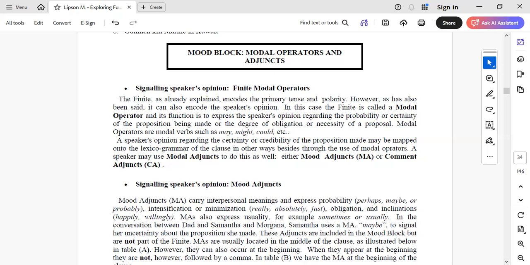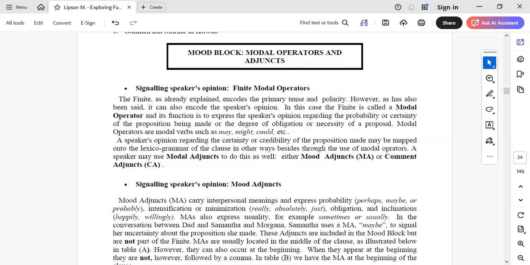Now, what is this? Signaling speaker's opinion: mood adjuncts. Mood adjuncts carry interpersonal meanings and express probability, such as perhaps, maybe, or probably; intensification or minimization, such as really, absolutely, just; and obligation and inclination, such as happily and willingly. MAs also express usuality, for example, sometimes, usually. In the conversation between Dad, Samantha and Morgana, Samantha uses the MA maybe to signal her uncertainty about the proposition she made.